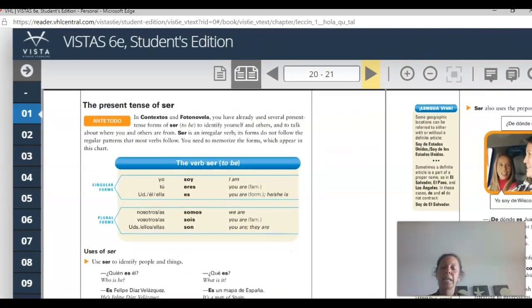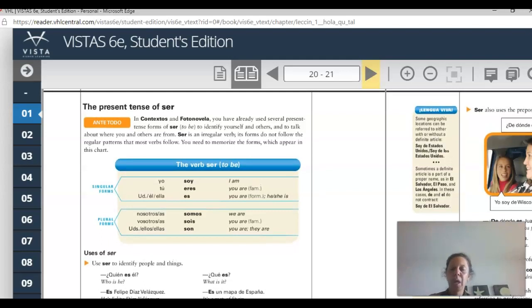Now, let's go back to the yo soy. Yo soy Marilyn, to say your name. Yo soy estudiante, to express your occupation. Yo soy de Puerto Rico, to express origin, and yo soy puertorriqueña, to express nationality.